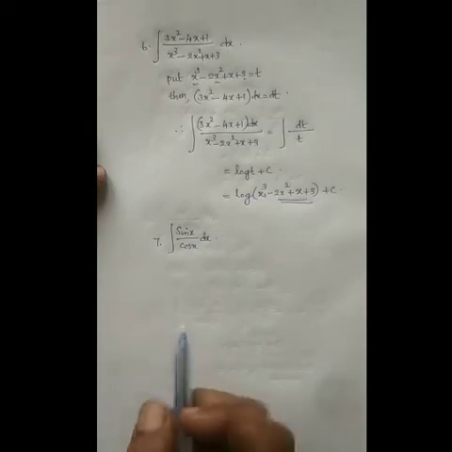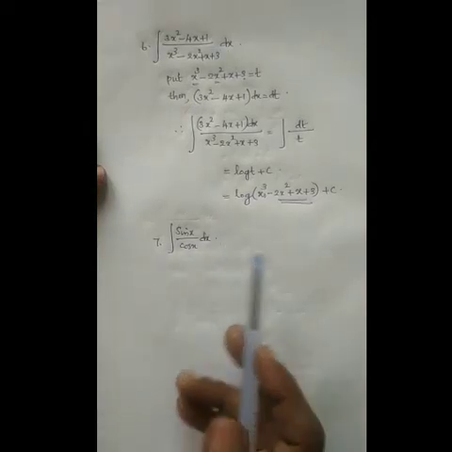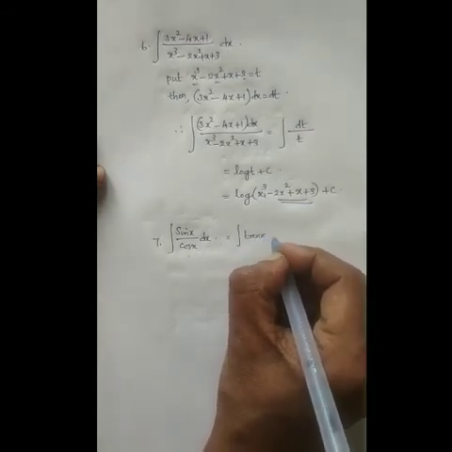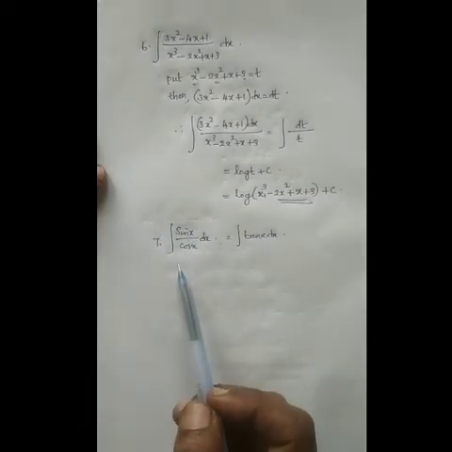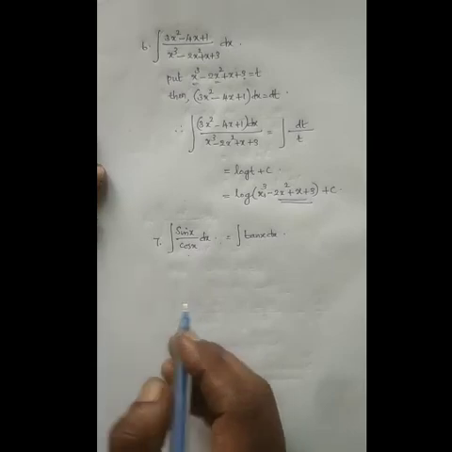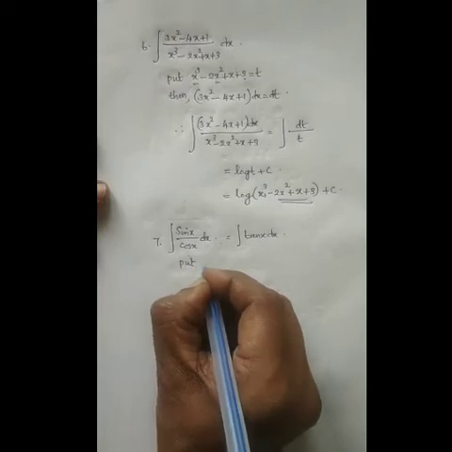Another one: integral of sin x by cos x into dx. This is also equal to integral of tan x dx. So this integrand is of the form integral of f dash x by f of x dx. For integrating, substitute the denominator equal to t, or put cos x equal to t.